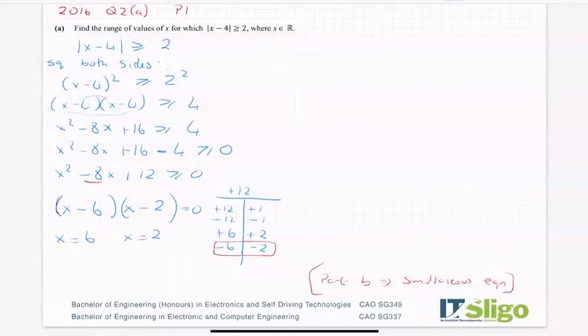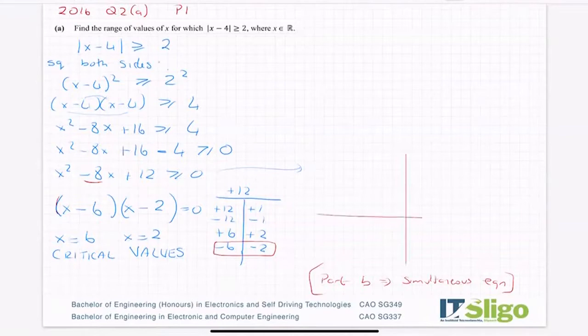And if you remember from previous work, we call them critical values, because if I come over here and I draw the graph, like such, my critical values, or the roots of my equation, or where this curve cuts through the x-axis, happen at 2 and 6.